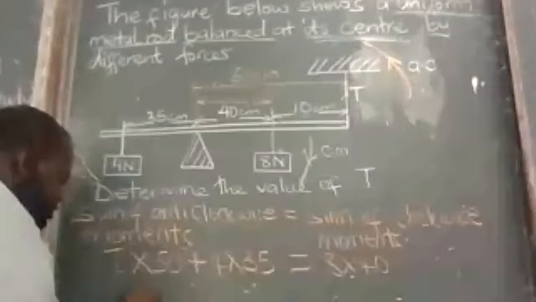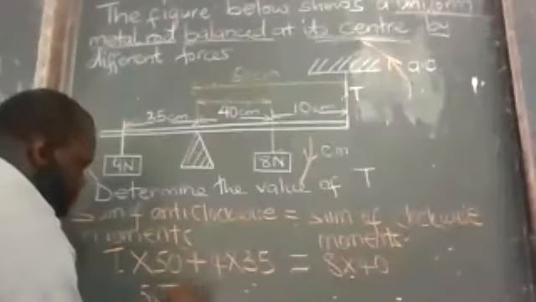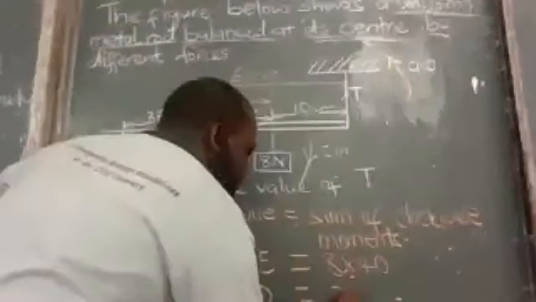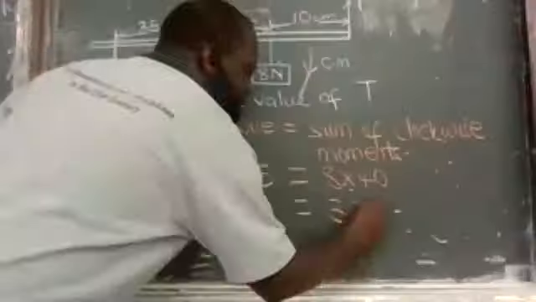The only clockwise moment we have is 8 newtons times the distance 40. Then we quickly get to our calculators and get 50T plus 140 is equal to 320.